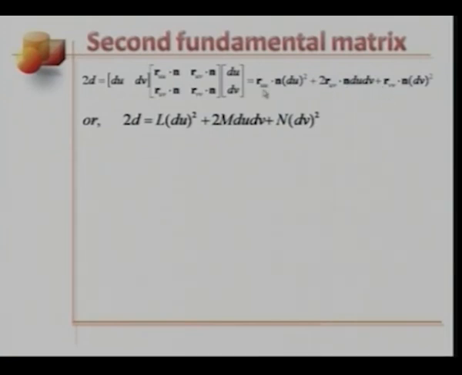So r uu dotted with n, let's say it's L. r uv dotted with n is m, and r vv dotted with n is n.